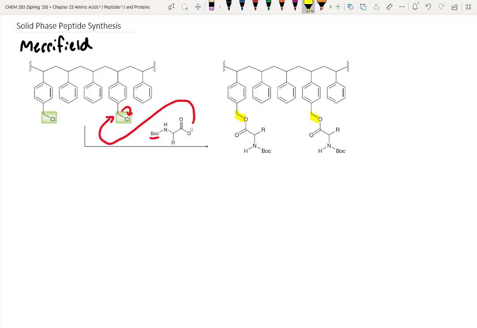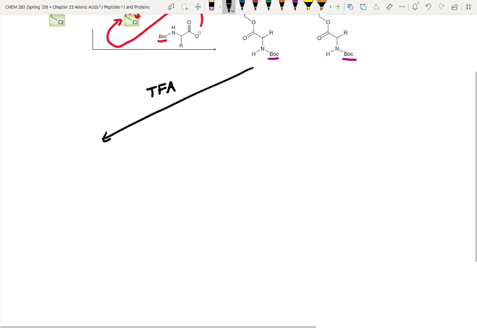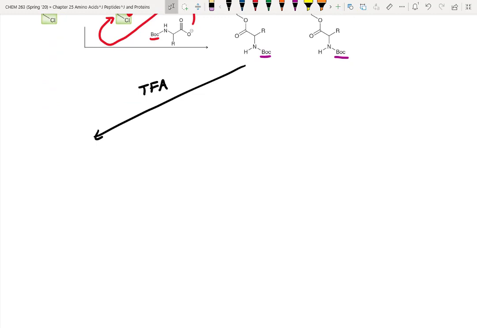All right, but at this step, what we need to do is remove our Boc protecting group so that we can then add in our next amino acid. So if you remember, to remove this Boc protecting group, what we have to do is react it with trifluoroacetic acid. That's the strong acid that's used to kick off that entire protecting group.